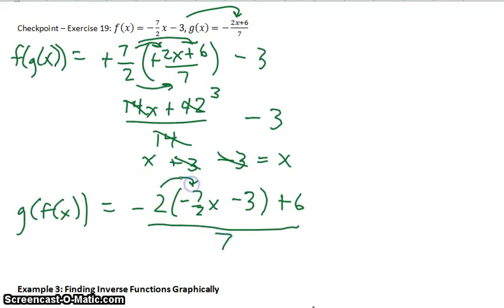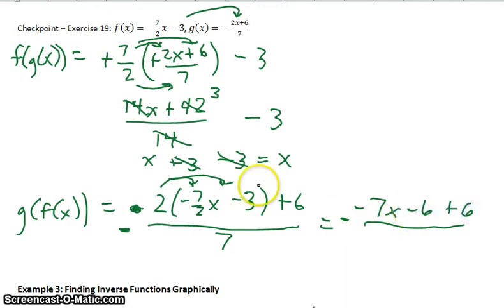So I'm going to distribute this negative 2 to these things in the parentheses, and I'm left with a negative 7x, with a negative out in the front of the fraction, minus 6 plus 6. So again, this negative is way out in the front of this fraction.